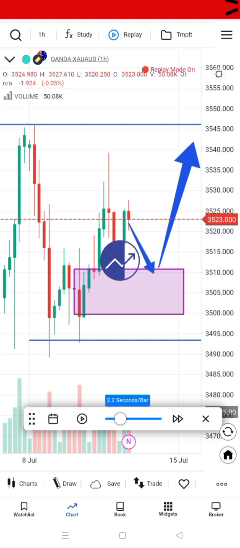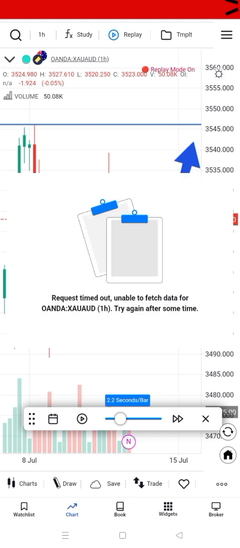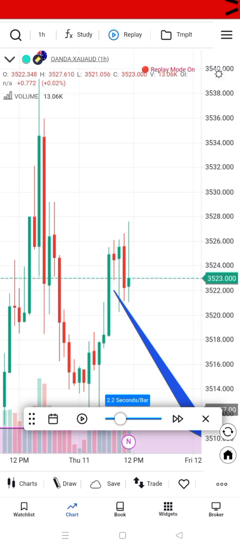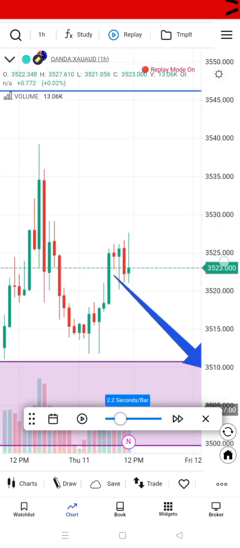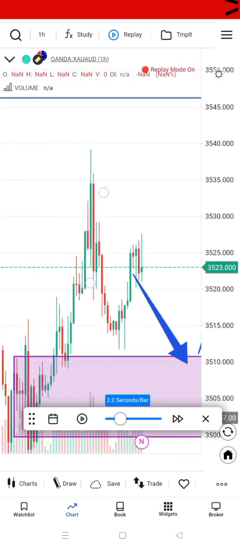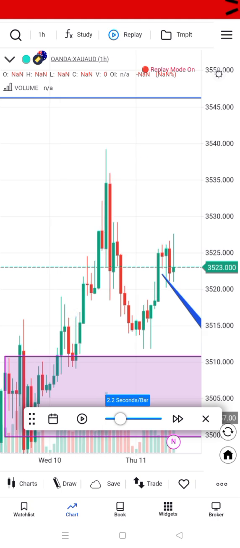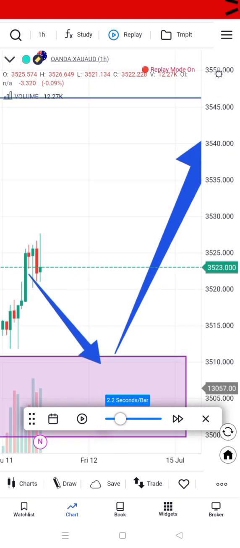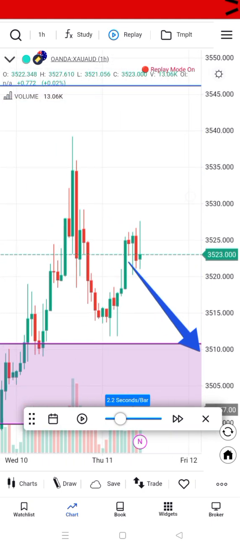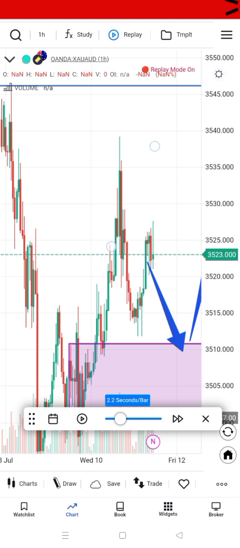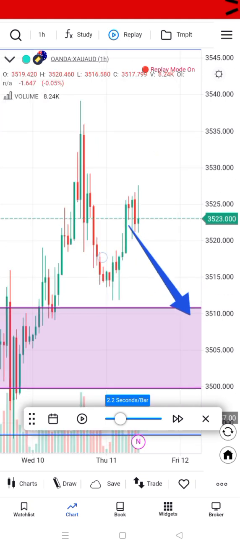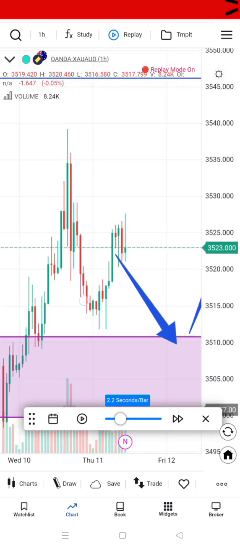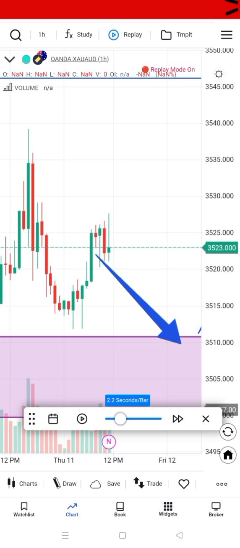So I'll now move to the 1 hour to see whether there are some key zones that I can be sure of, that this market is going to move in my direction, as I am waiting to take buys. And how do I take these buys? I'm waiting for it to come back to that demand zone.